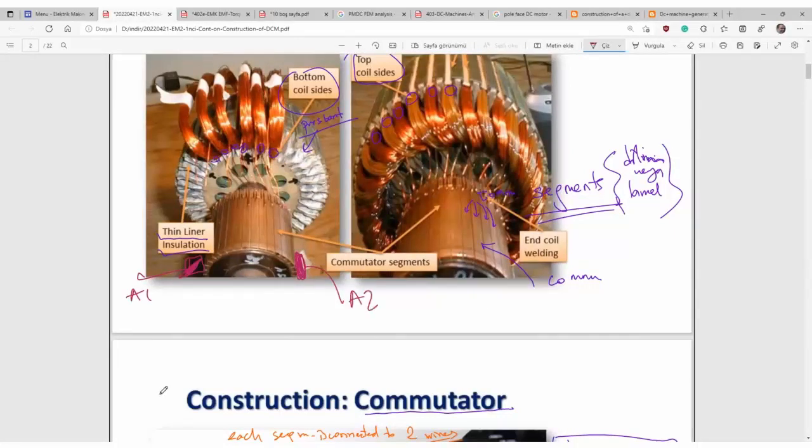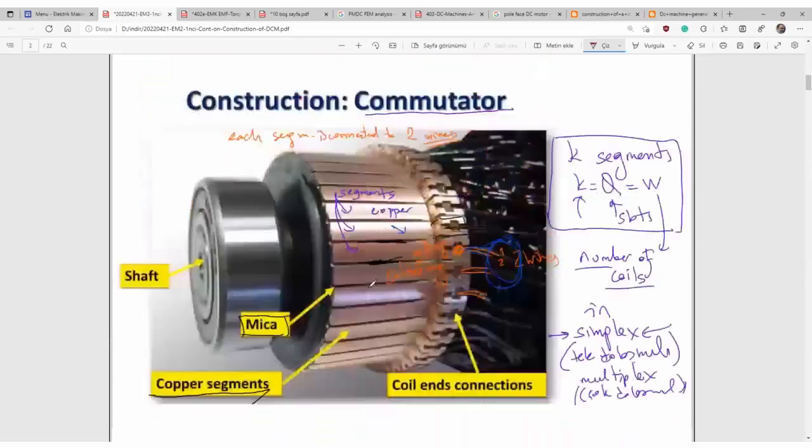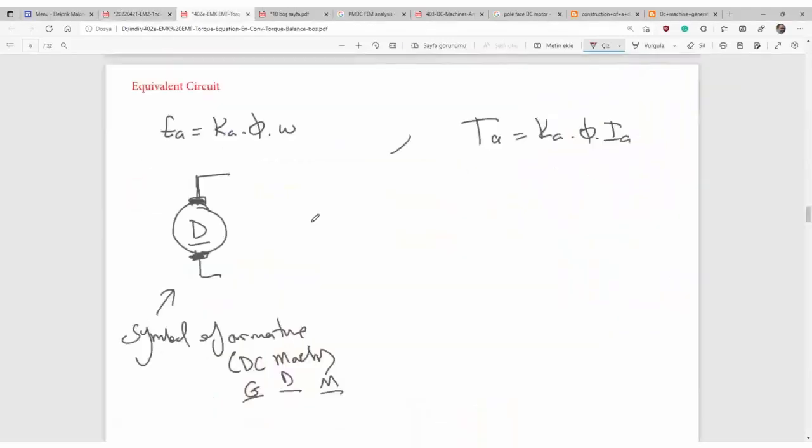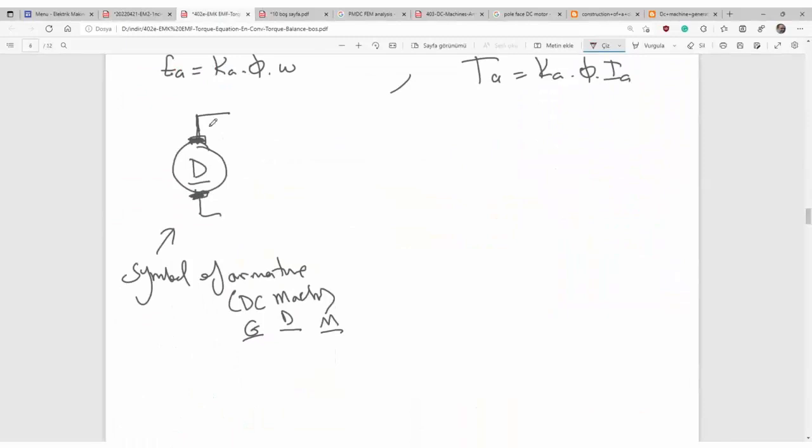The EMF is across the brushes. It is induced in those conductors, connected in some manner in different parallel paths. Different brushes are connected to each other, and then we see the EMF. Here are the terminals A1 and A2.